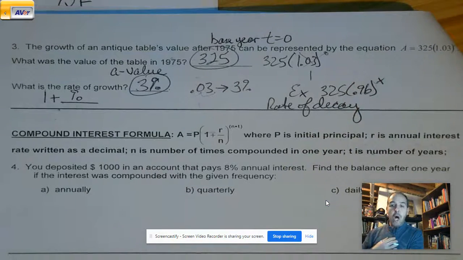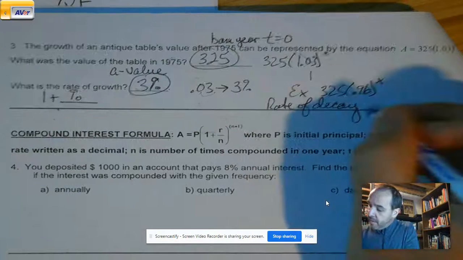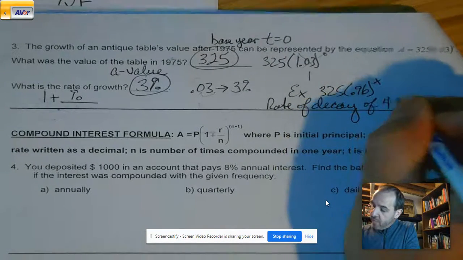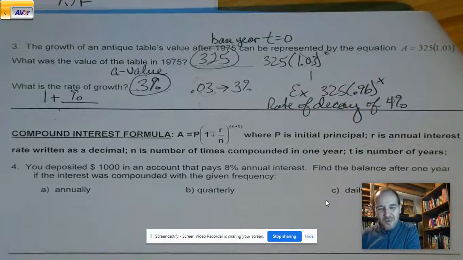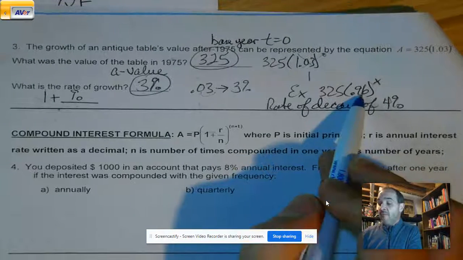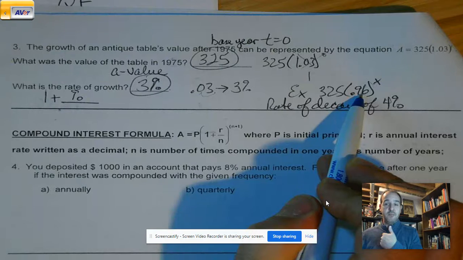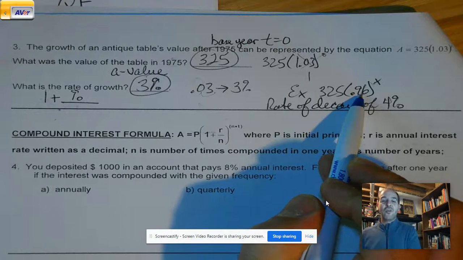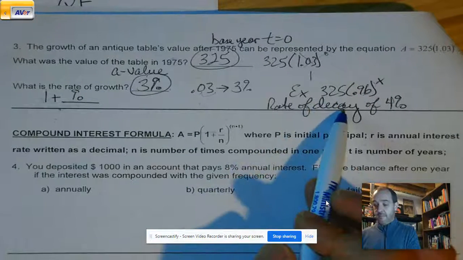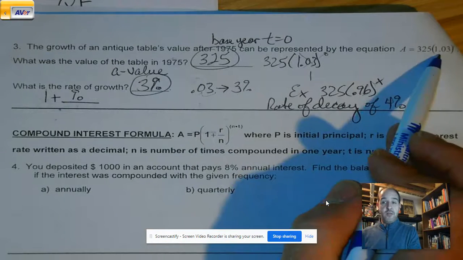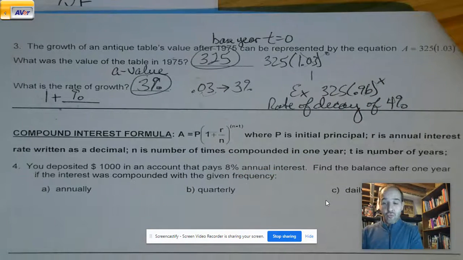It's getting smaller, of 4%. You're like, now how'd you get 4%? How far below 100% or 1 is 0.96? So if it's below 1, it's decay. If it's above 1, it's growth.